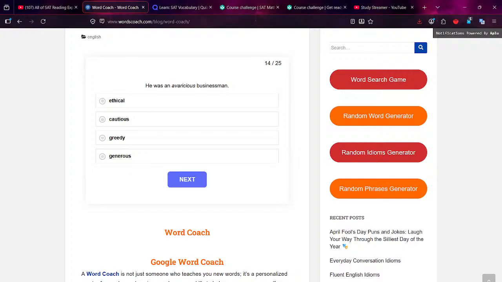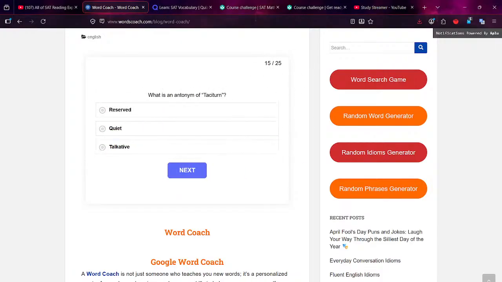I don't think it would be ethical. It could be greedy or ethical actually. Yeah, greedy makes sense because that's what typically describes a businessman. So context clues.